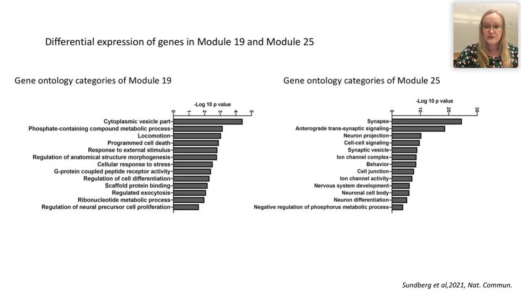Then in module 25, these are the genes that were increased in the 16p deletion cells. We detected increased expression of synaptic markers, neuron projection, cell junction, ion channel activity, neuronal cell body development, and neural differentiation. This indicates that maybe there are some deficits that can be detected in the synaptic development of these cells.